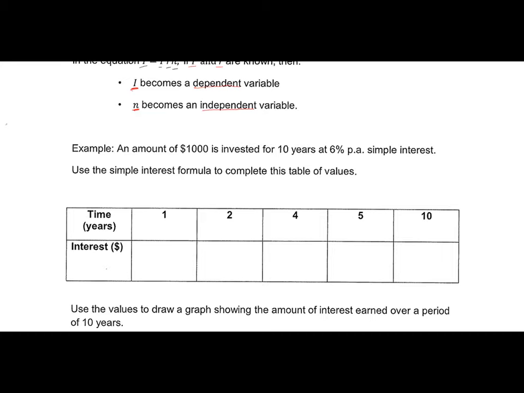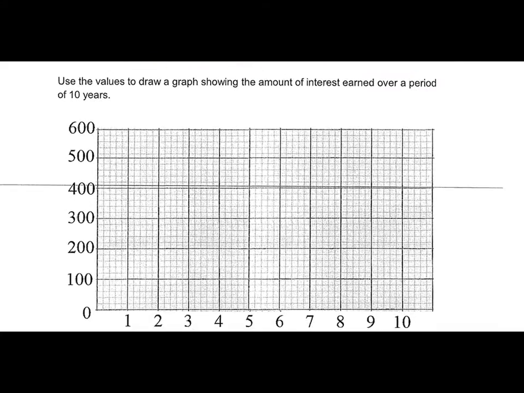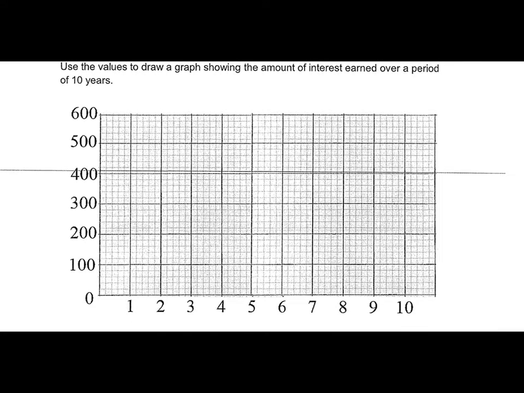So if we use these values to draw a graph to show the amount of interest earned over a period of 10 years, first off, let's label these axes. The horizontal axis, our independent variable, is the number of years.